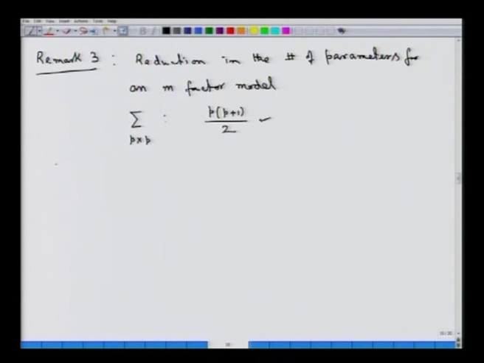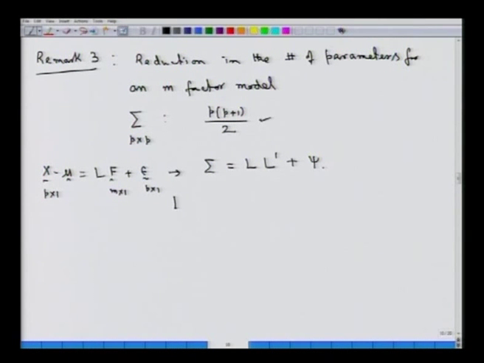Now suppose I have expressed this x in terms of an m-factor model, with x minus mu written as LF plus epsilon. I take this one as p by 1, and this as m by 1 common factors. So here sigma is expressed as LL dash plus psi.